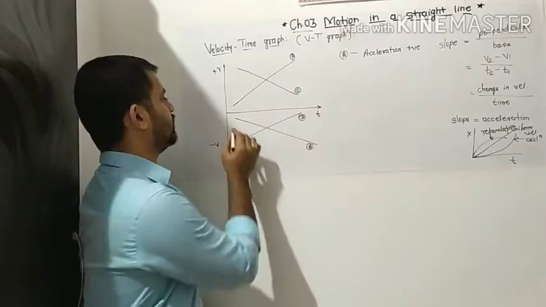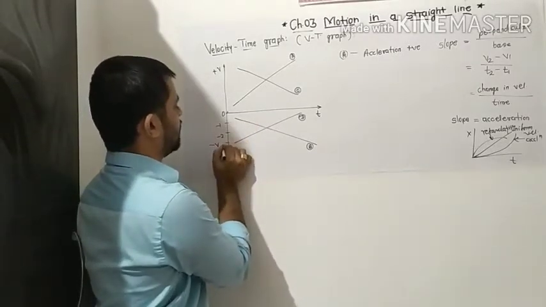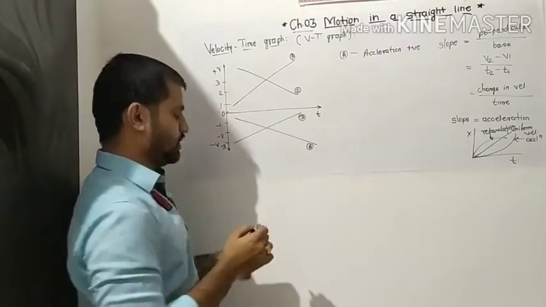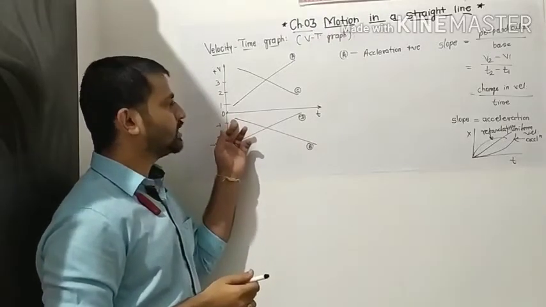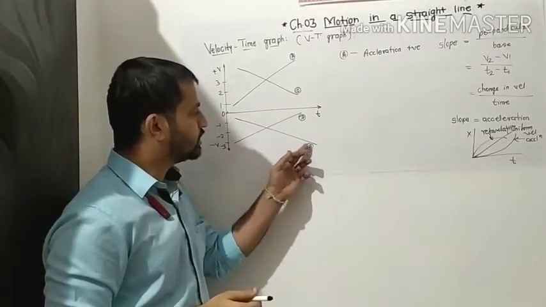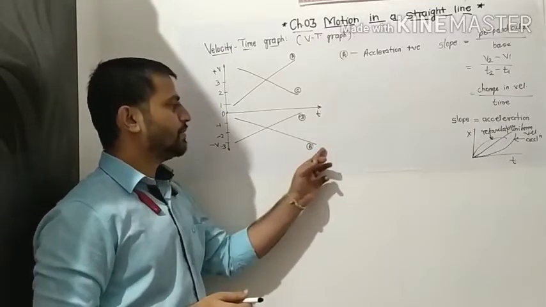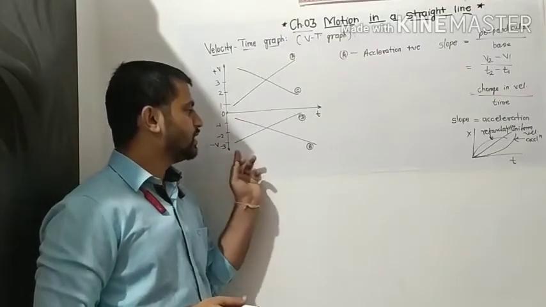Suppose it is 0, this will be -1, -2, -3, here 1, 2, 3. The velocity initially is 0 and goes on increasing. At this point, it will be some negative velocity.